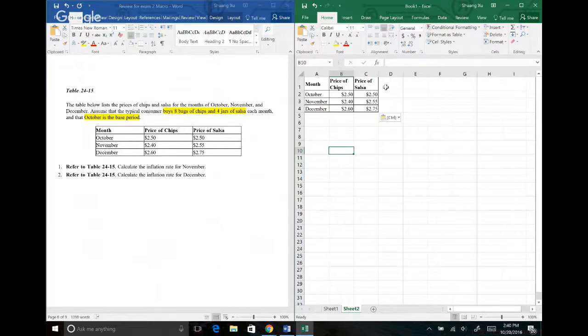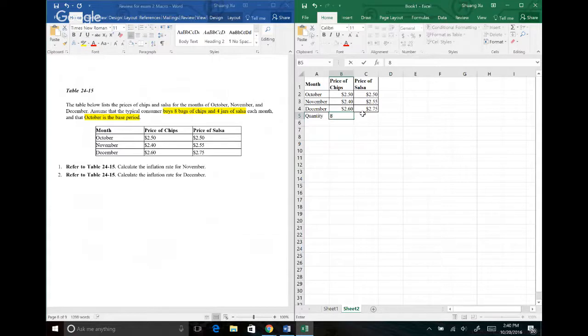So first, let's find CPI for each month. Well, first things first, let's do the basket values. Remember, for CPI, the first step is to find the basket value, and then find CPI, and the last step, find inflation. So for our basket value, let's get the quantities now. The quantity for chips, there are 8 chips.